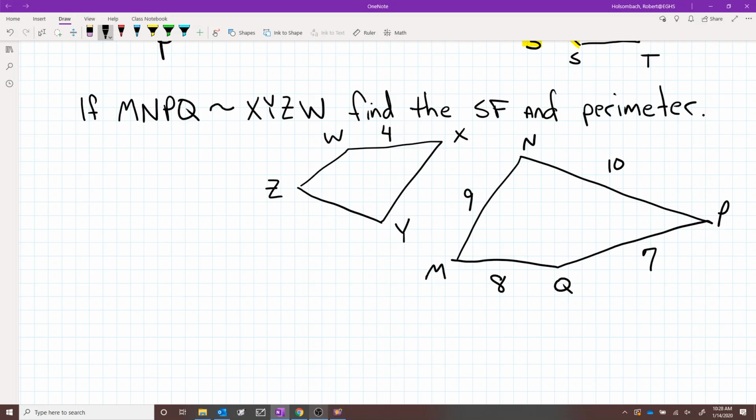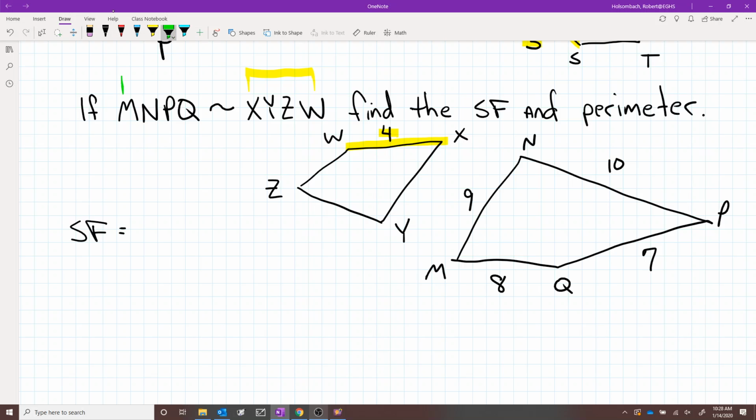But your shapes go small, large. Alright? So when you're writing your scale factor, you need to go large to small. So your scale factor is going to be equal to, we've got this side right here, this WX side is the only side you know in the smaller shape. So this WX is 4, and WX is your first and last letters in the description.